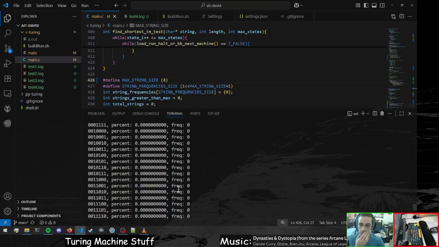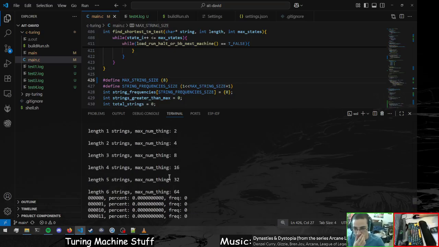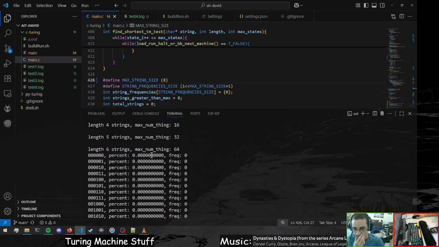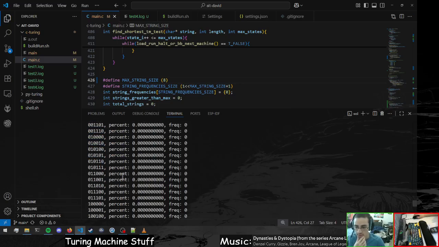Okay, so let's look at this. So here's problemo. We're missing some length 6 strings, a lot of them. And that's kind of weird.